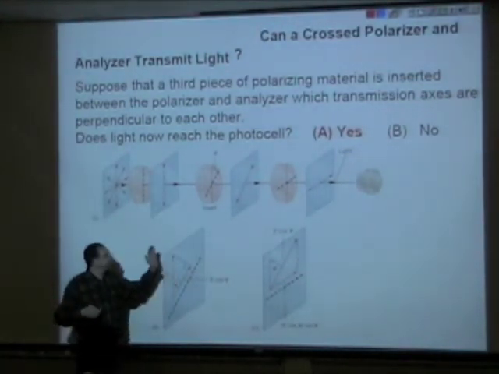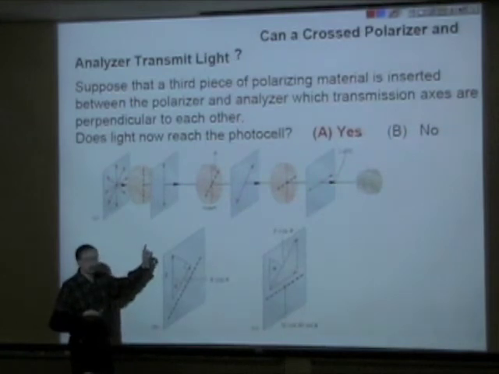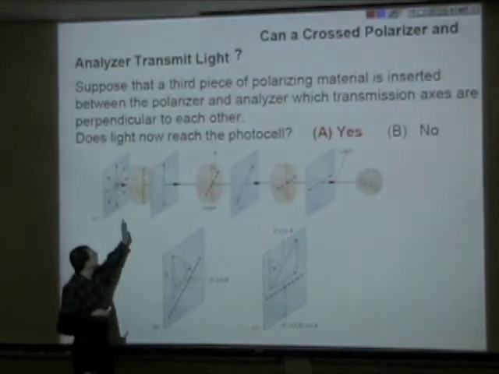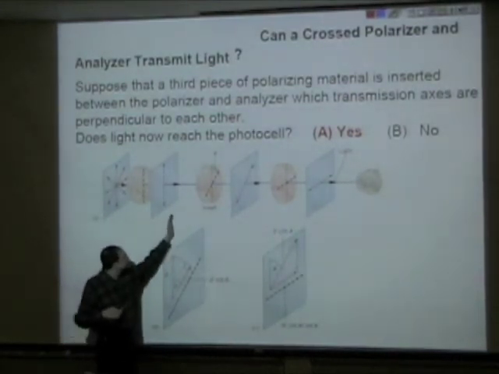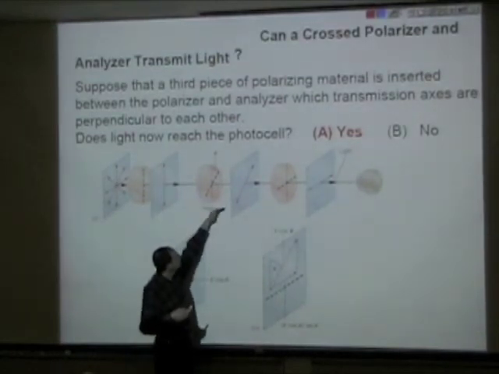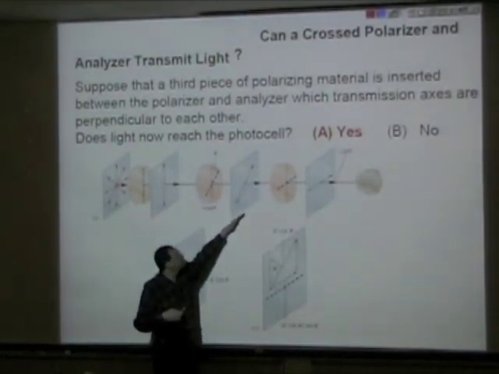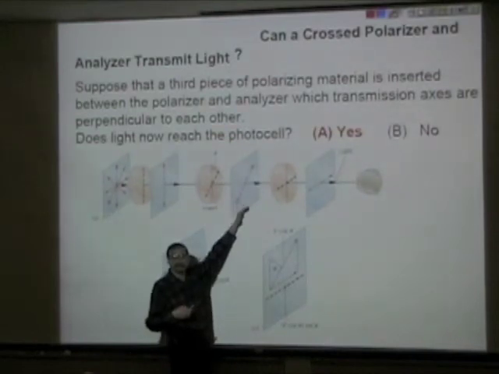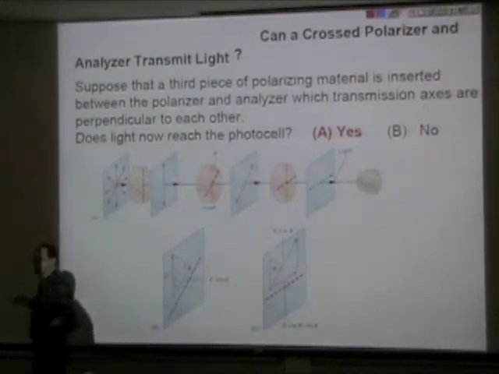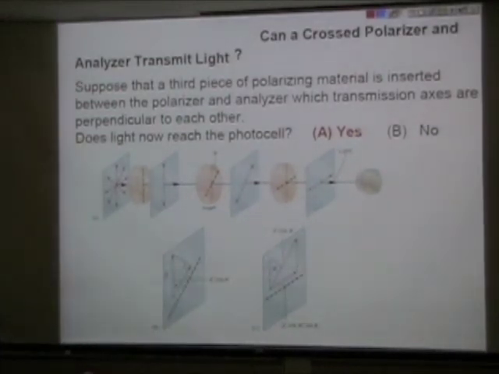And more important in this situation, the direction of polarization changes too. After the first polarizer, light is vertically polarized. However, this polarizer changes the direction of polarization, and now after polarizer number 2, light is not perpendicular to the third transmission axis anymore, and the angle is not 90 degrees, so cosine is not 0.